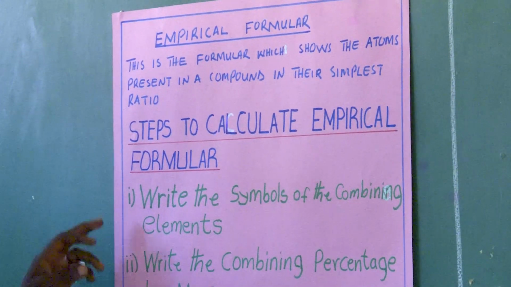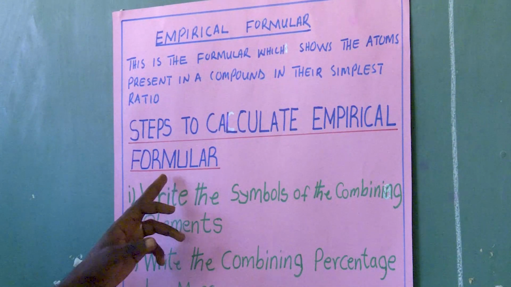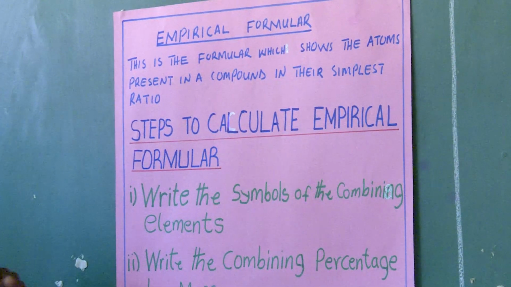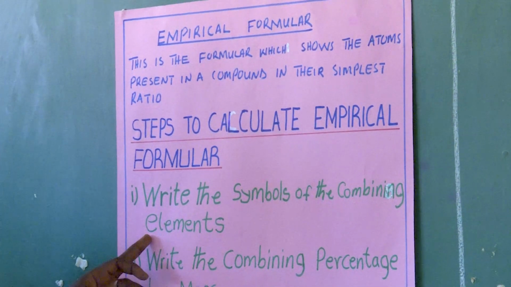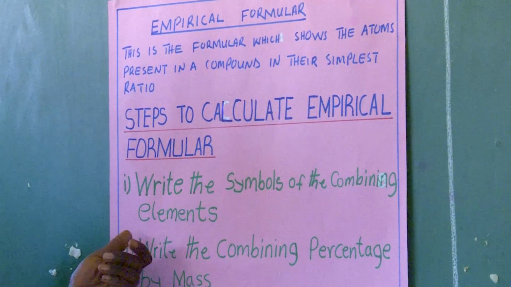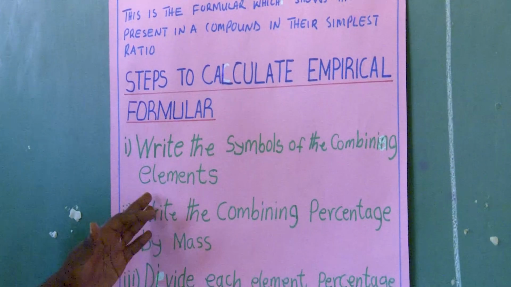Steps to calculate the empirical formula. What are the steps that we have to follow when calculating the empirical formula? First step, you write the symbols of the combining elements.